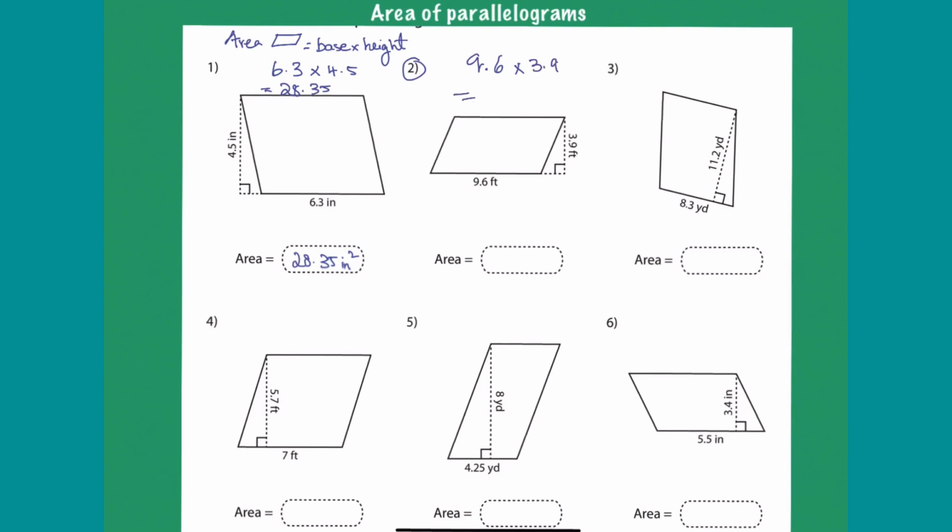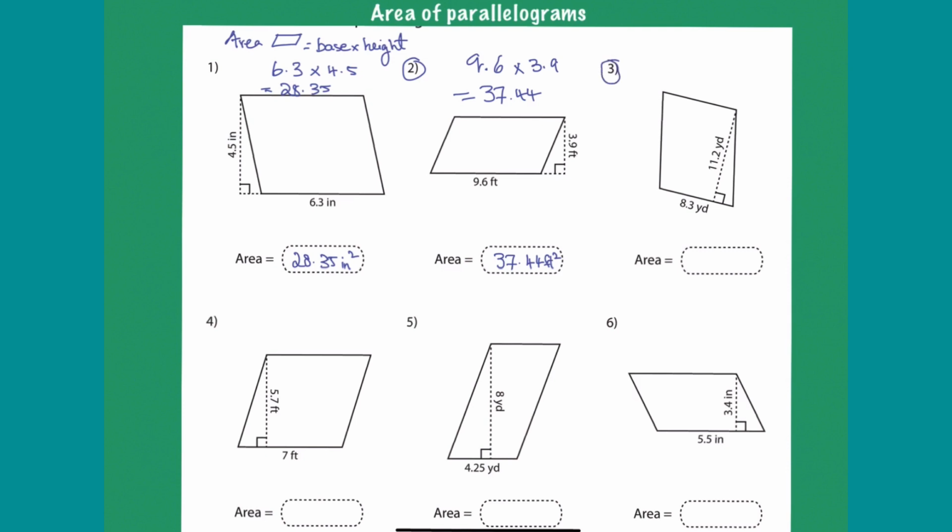And so then when you calculate 9.6 times 3.9, your final answer here is 37.44, and so your answer here is in feet, so it's square feet. So 37.44 square feet.